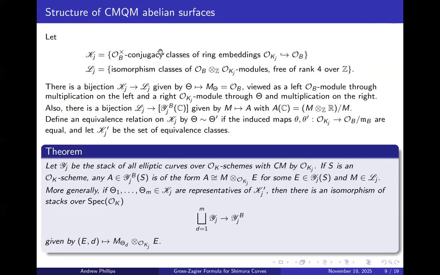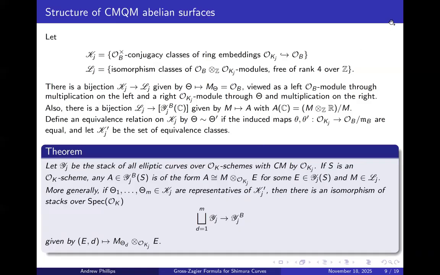Let me also point out that these two sets are also in bijection with the complex points of this YJB, meaning the CM points over the complex numbers, by descending one of these modules to the abelian surface that has complex points, by taking the R-span of the module, a two-dimensional complex vector space, and dividing out by this module.